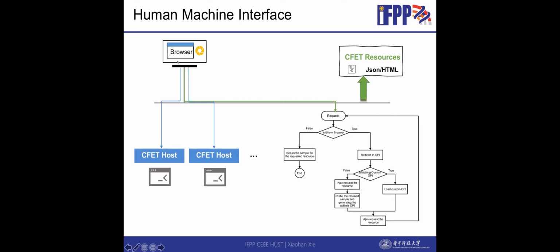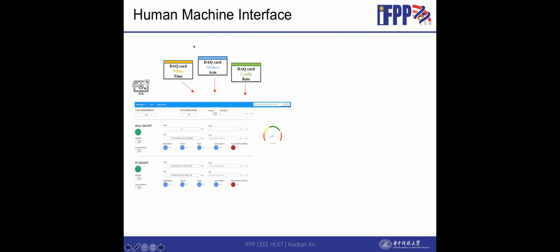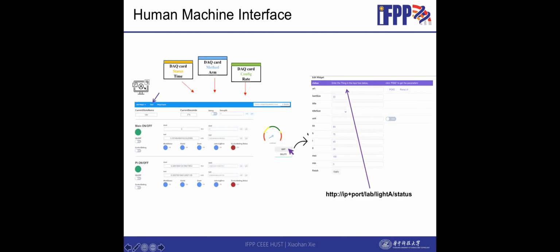The HMI is composed of reusable components called widgets. CFAT provides a component called widget UI. The application developer can compose their own HMI by adding and dragging widgets. Users can enter the editing interface where they can fill in the resource URI they need to access and can also choose some style selections and function configuration.